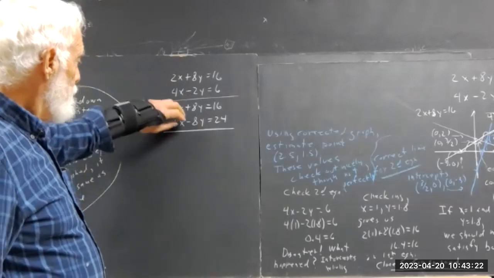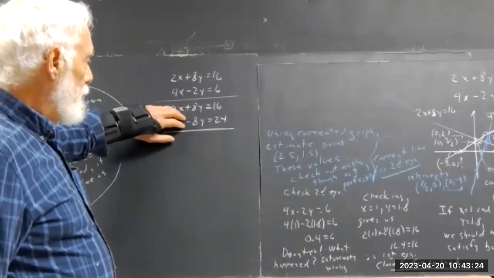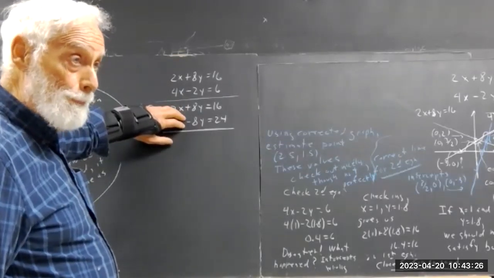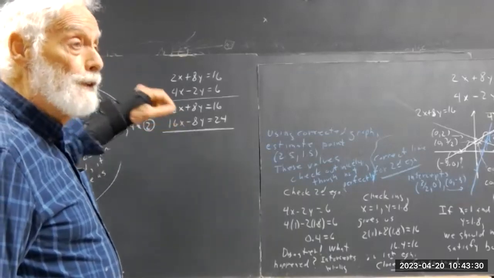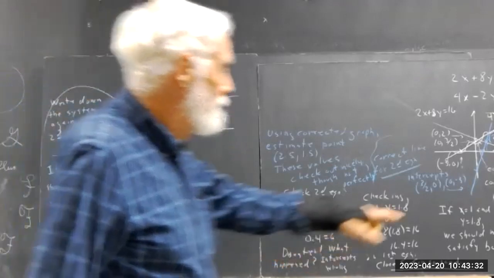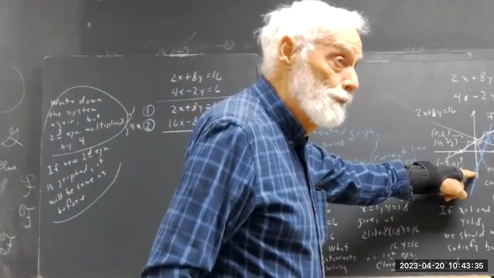What are the intercepts? If x is 0, I get -8y equals 24, right? The solution is y equals -3, so I got the point 0, -3. Right there, same as it was before.